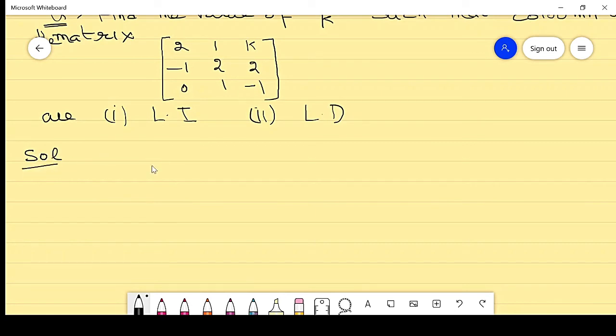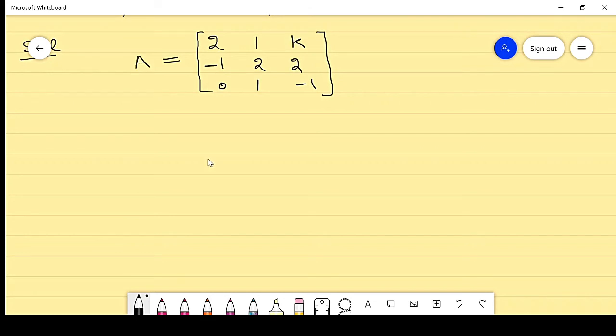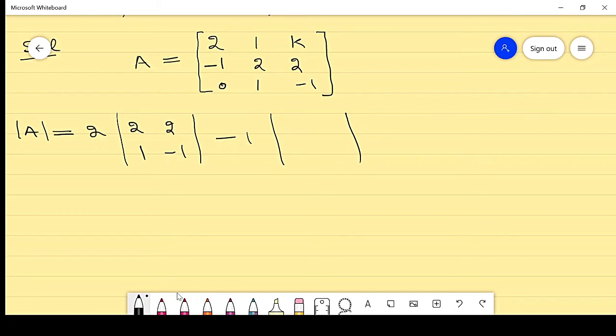So this is the solution. A is equal to the matrix 2 1 k, -1 2 2, 0 1 -1. To find the determinant, expand along the first row. Determinant of A is equal to 2 times the minor (2, 2; 1, -1), next is minus (-1) times the minor (0, 2; 0, -1), and third is plus k times the minor (0, 2; 0, 1).